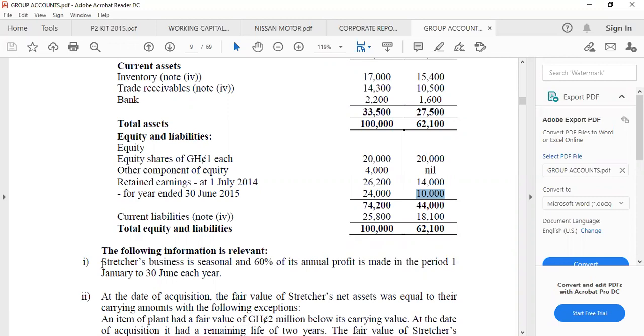So what will be the proportion of the profit from July to December? What percentage? 40%. So find 40% of their total profit for the year. What are you getting? 4,000. So what will be their total retained earnings at the date of acquisition, which is January 1? What will be their total retained earnings now?